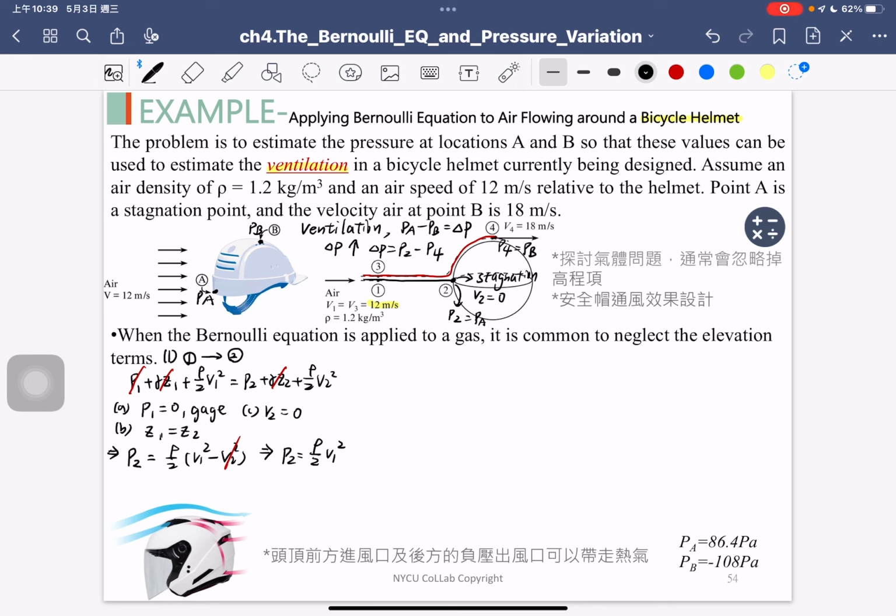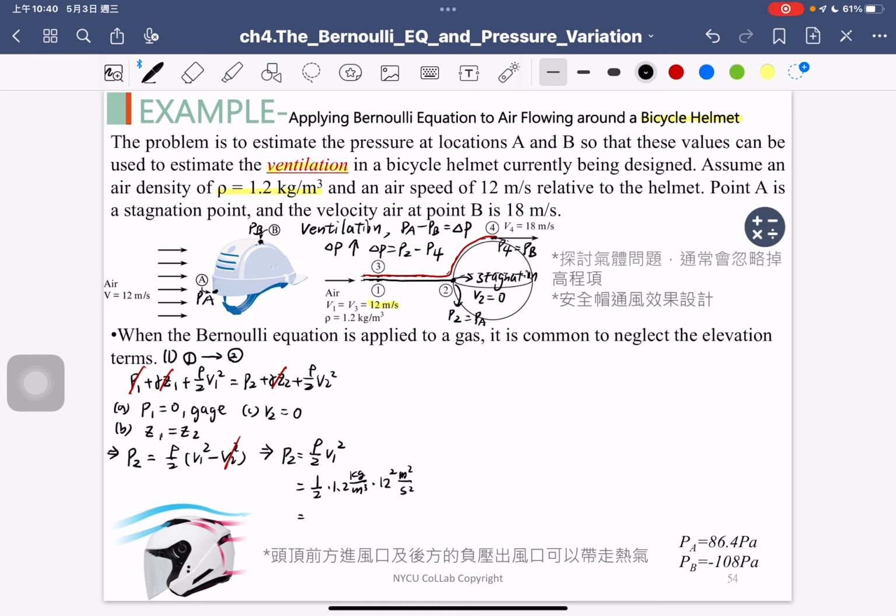And how can we get the density? Because this is air, we know that the density is 1.2 kilograms per cubic meter. So we simply put the numbers in: one half, the density 1.2 kilograms per cubic meter, and the V1 velocity is 12 meters per second squared.